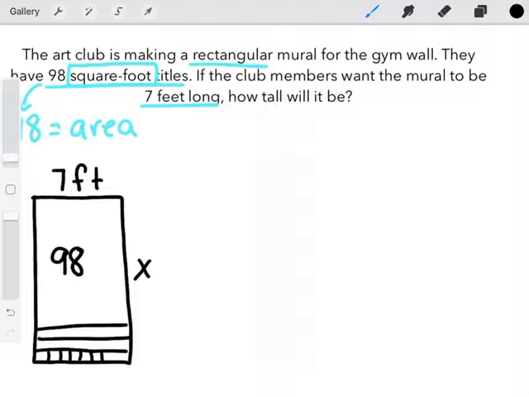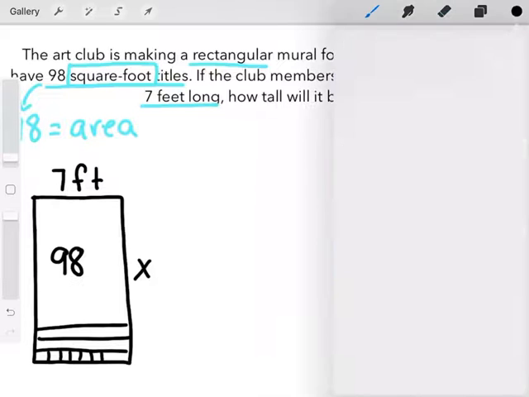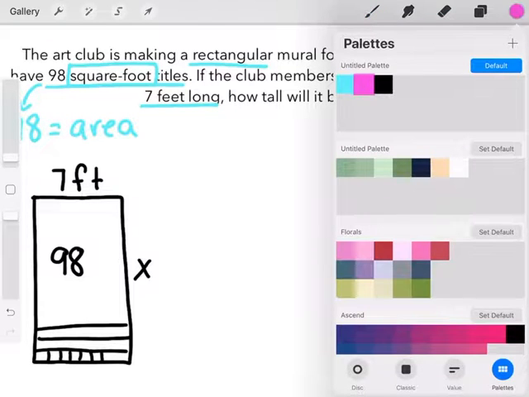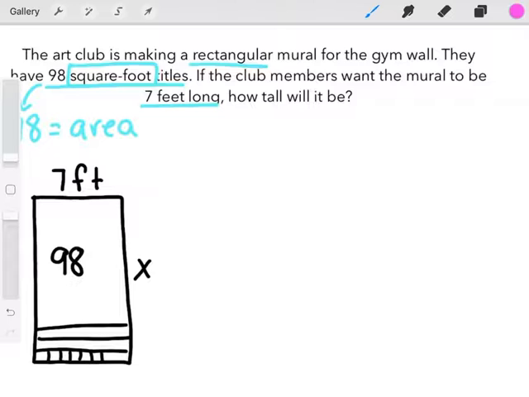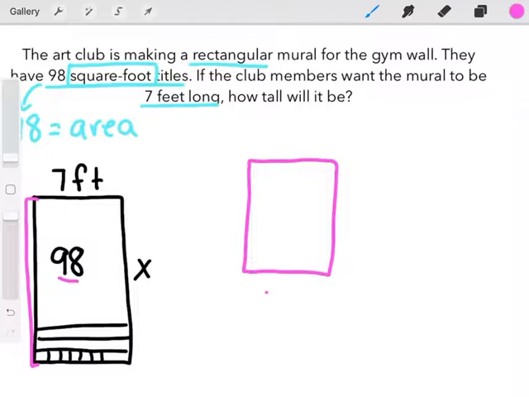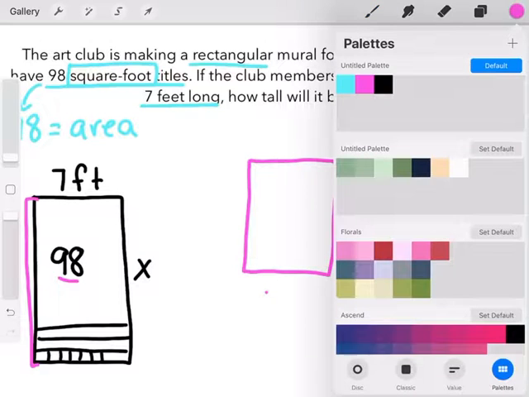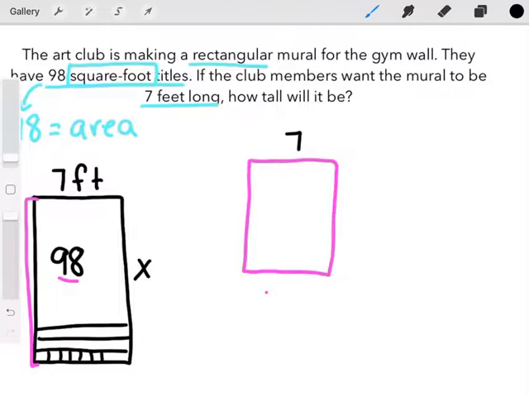So what we're going to do is get this pink color, and look at this shape. As you can see, there's probably 10 rows here, right? Because 10 times 7 is 70, and 98 is bigger than 70. So we probably have at least 10 rows. So remember, this is 7.